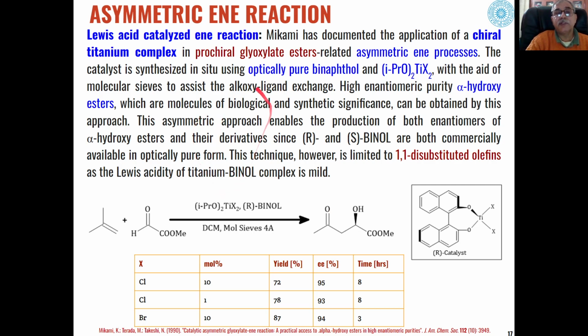Then the chiral titanium complexes have also been used for asymmetric ene processes. For example, the optically pure binaphthol, either R or S BINOL, is used in combination with diisopropoxy titanium dihalide in presence of molecular sieve using dichloromethane as the solvent to give us these types of Alder-ene products.